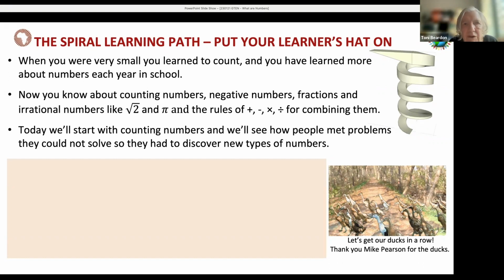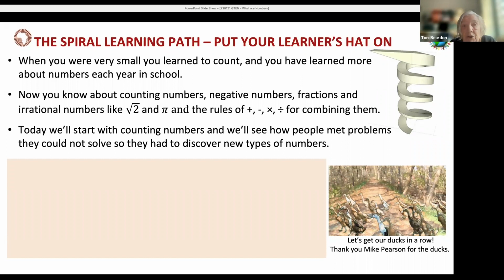What experience do the learners have? When you were very small, you learned to count, maybe before you went to school, and you've learned more about numbers each year in school. As a learner, you now know about counting numbers, negative numbers, fractions, and irrational numbers like √2 and pi. And you know something about the rules for addition, subtraction, multiplication, and division for combining numbers.